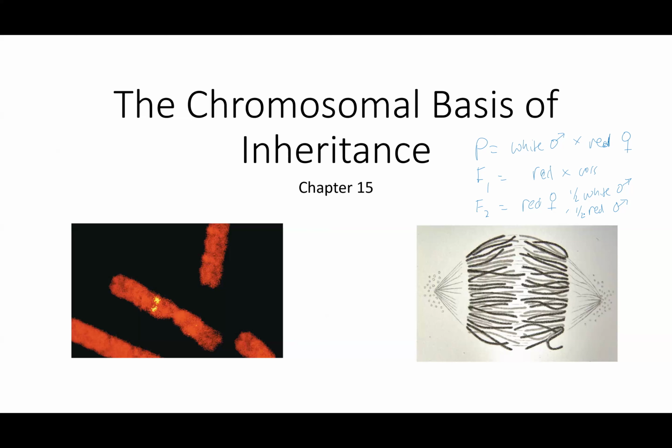Just like humans, they have the XX, XY sex determining chromosomes. So he recognized in thinking through this process that these genes must be carried on something, and that something was the chromosomes. So the genes are on the chromosomes, and the sex chromosomes end up with this unique pattern of inheritance. It didn't disprove Mendel at all. It just added to our understanding based on this discovery of things being carried on the sex chromosome.